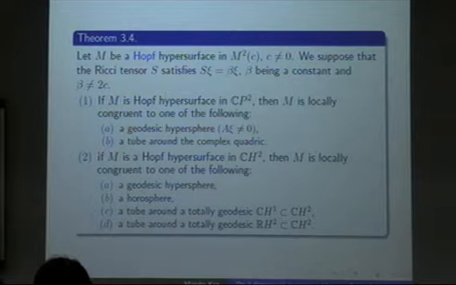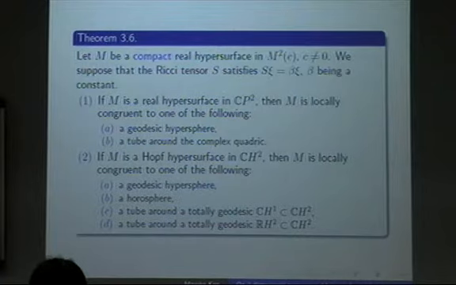And if M is a Hopf hypersurface in complex hyperbolic space, then it is locally congruent to one of the following: a geodesic hypersphere, a holosphere, a tube around a totally geodesic CH1, or a tube around a totally geodesic RH2.